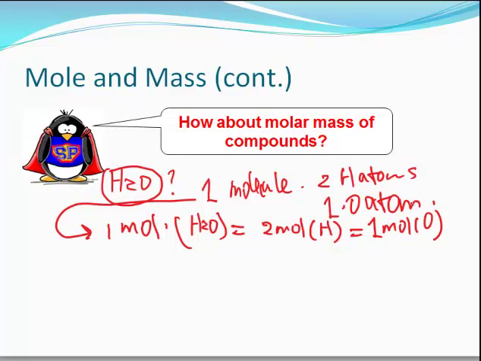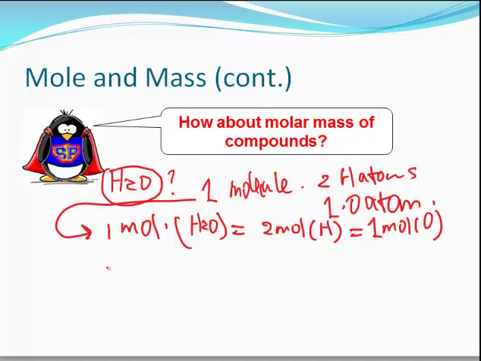And now you start to see that the molar mass of H2O is related to the molar mass of each element that makes up the compound H2O. The molar mass will be the sum of the molar masses of each element.